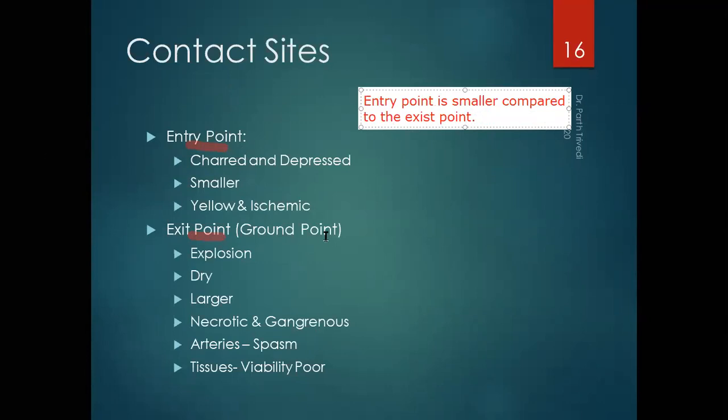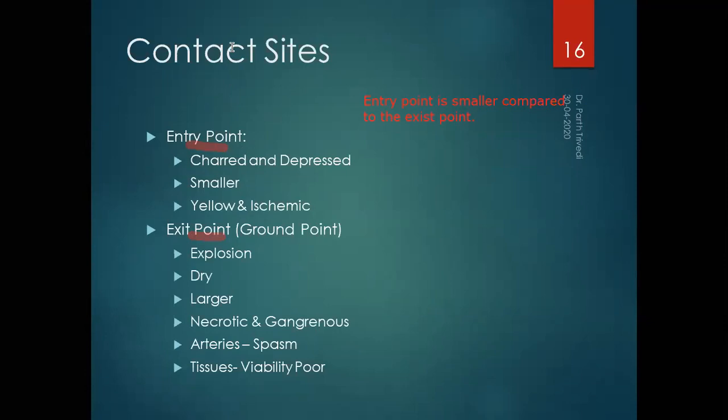The entry point is always charred and depressed, smaller, yellow and ischemic, whereas the exit point is explosive in type. It is larger, dry, necrotic, with arterial spasm, and tissue viability is very poor. Wherever the area is larger, that is the exit point, and wherever the area is smaller, that is the entry point. Clear?